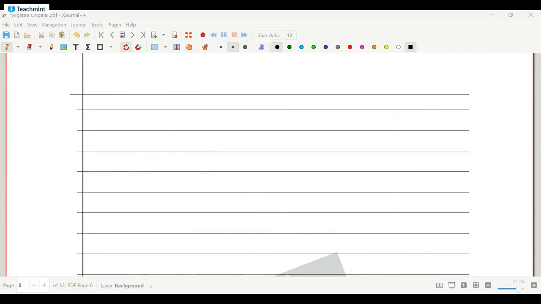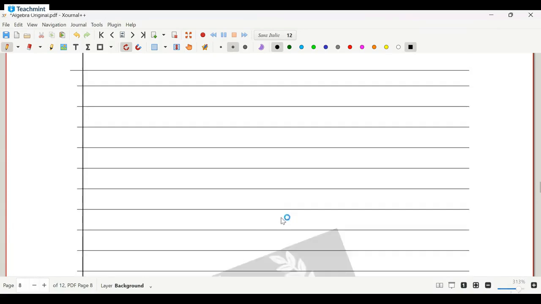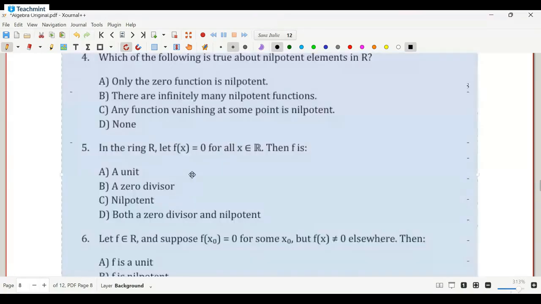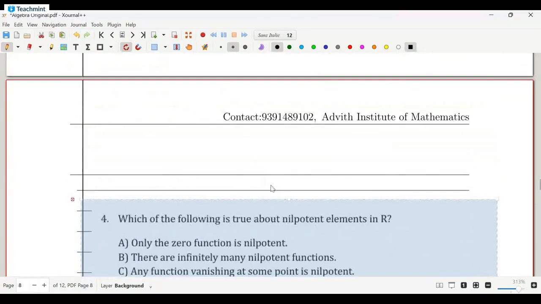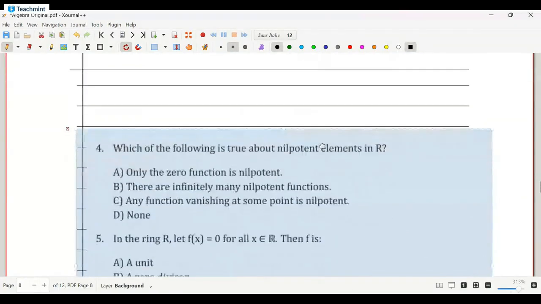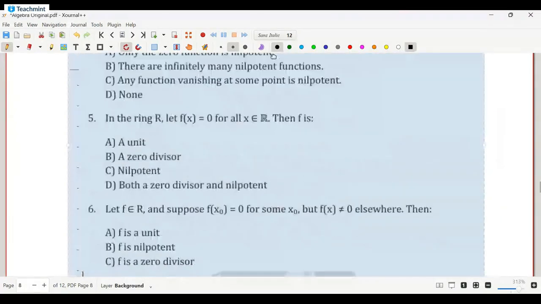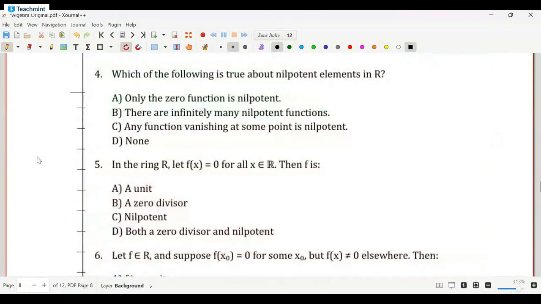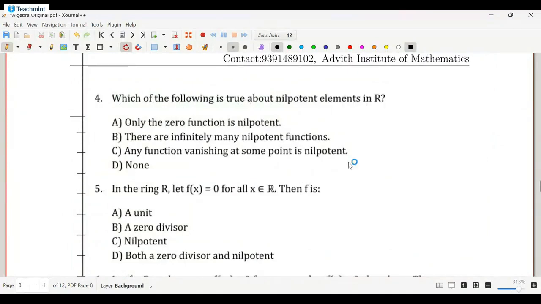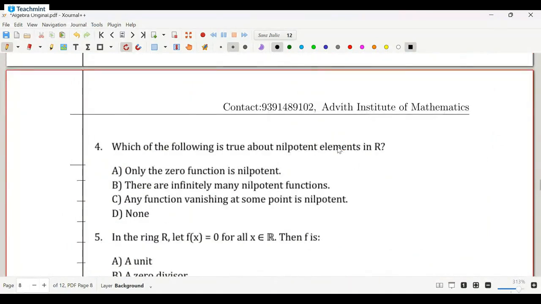Can you see this, sir? Which one of the following is true about nilpotent elements in R?